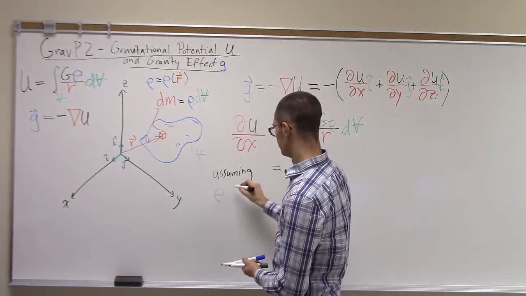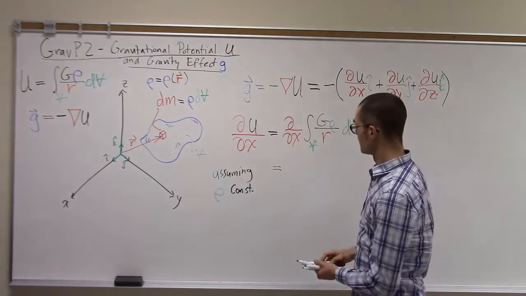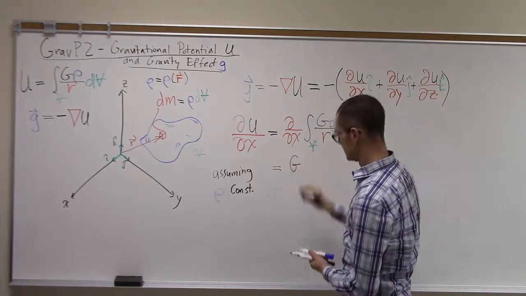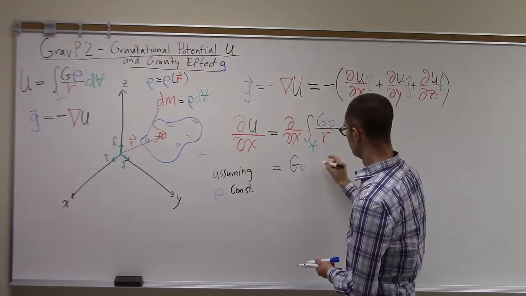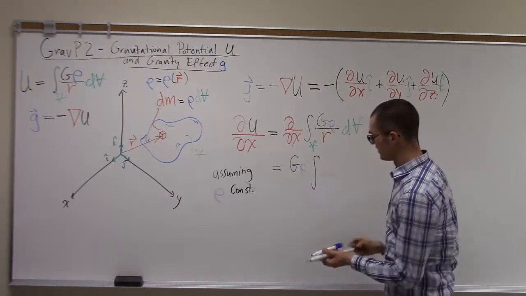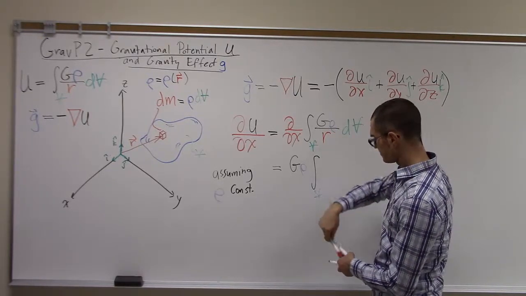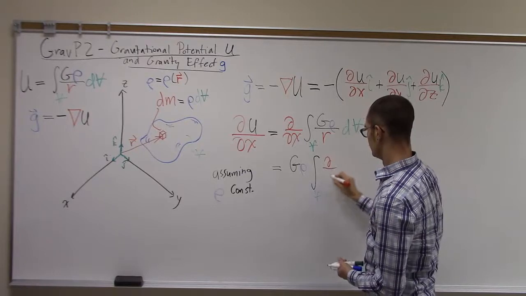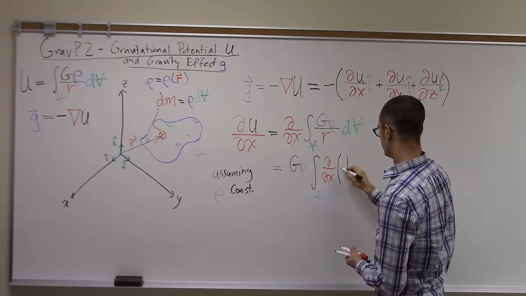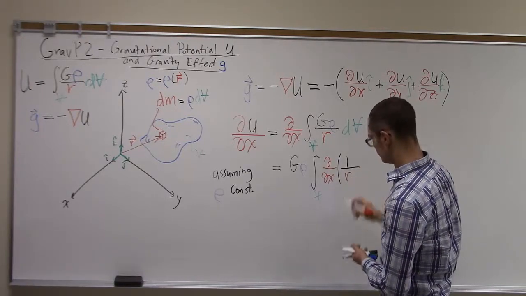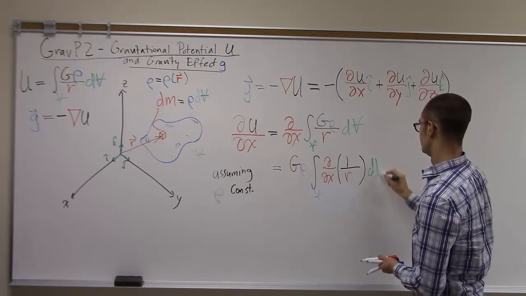Now we'll bring the derivative inside the integral over the volume of d by dx of 1 over r dV.